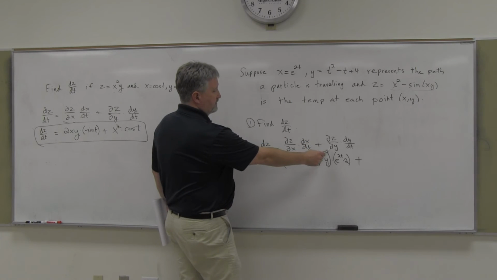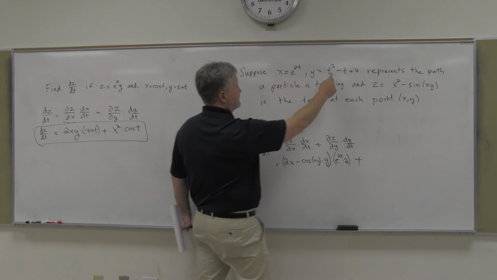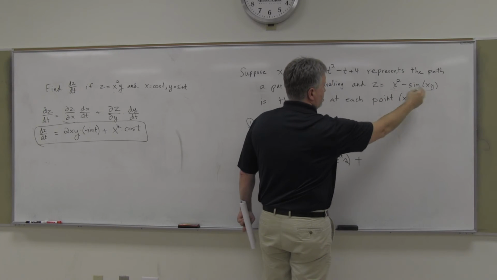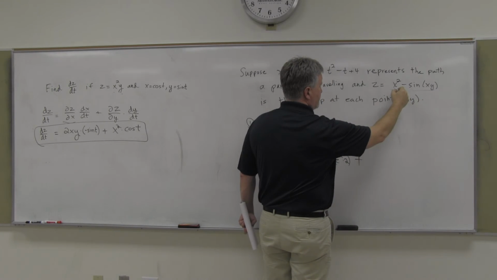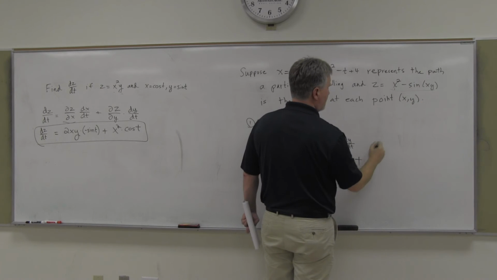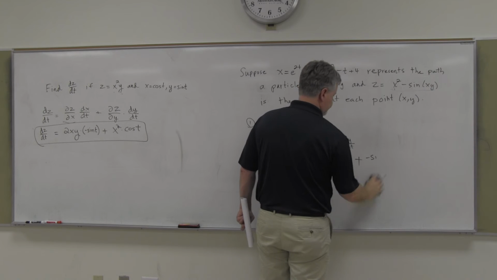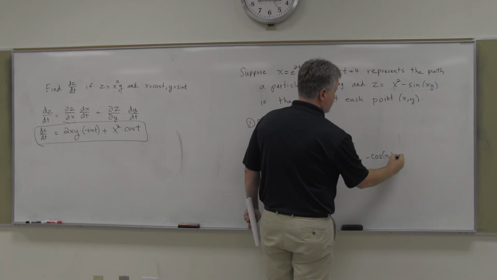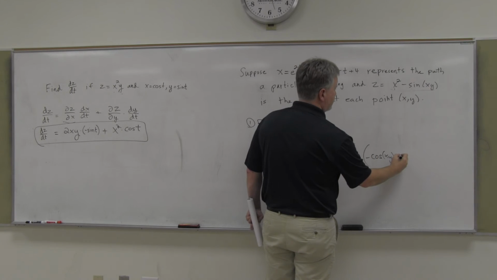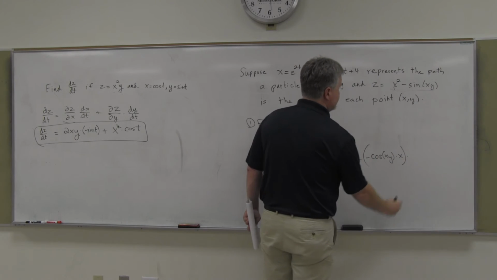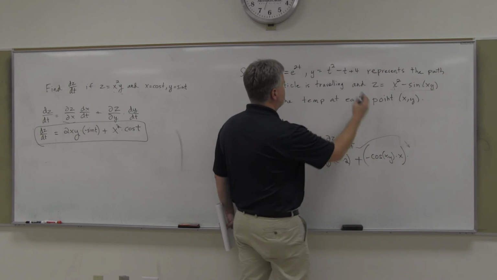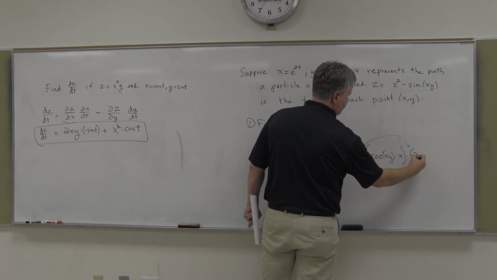Then I would do the partial of z with respect to y. So that would be here. The y is the variable, x is fixed, so the derivative of that would be now 0. Then it'd be minus cosine xy times the derivative of the inside, which would be just x. Then I do the derivative of y with respect to t, so that's 2t minus 1.